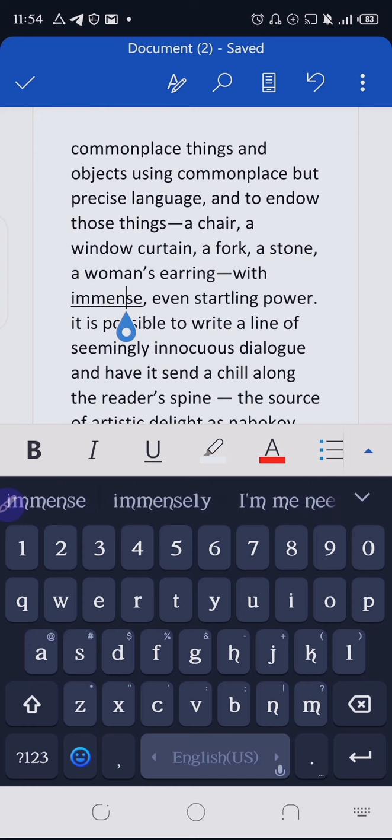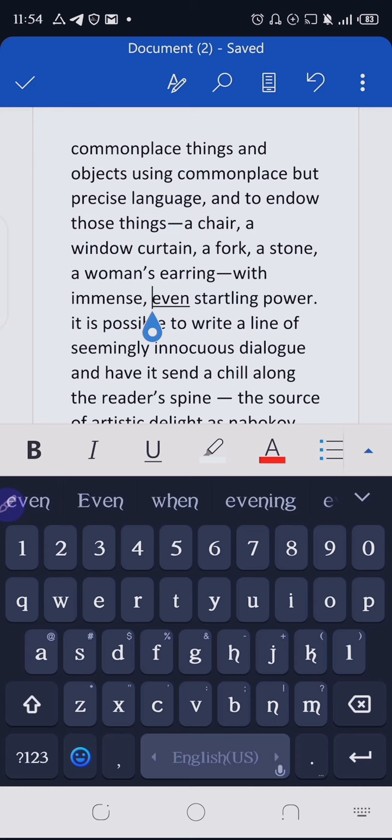Immense is an adjective that is qualifying the noun power, and startling also is an adjective qualifying the noun power. So this is the stacking together of two or more adjectives to qualify the same noun.